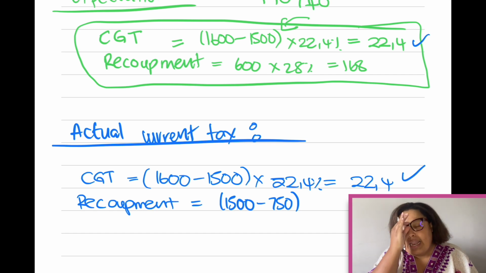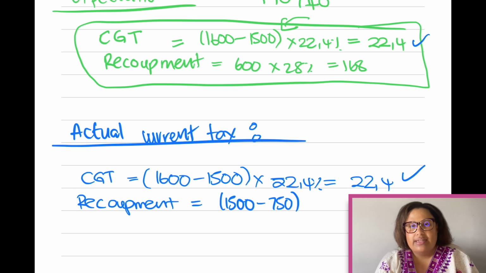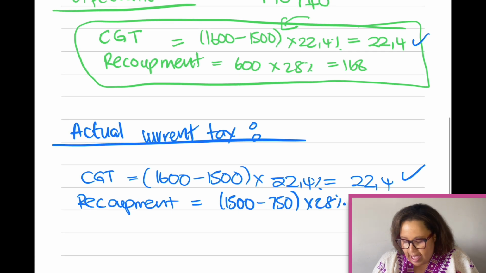If that's all the allowances that we've taken, then those are the allowances that are going to be recouped. So the full 750 of allowances will be recouped, and that is going to be taxed at 28%, and that gives us a current tax expense of 210.